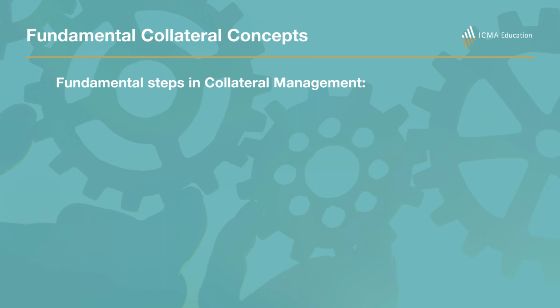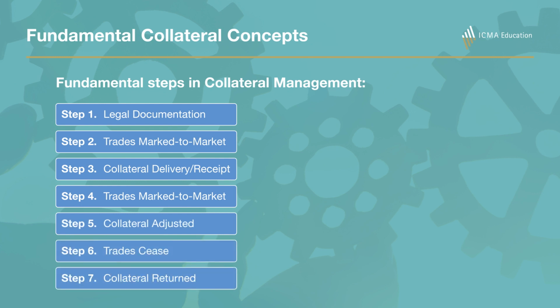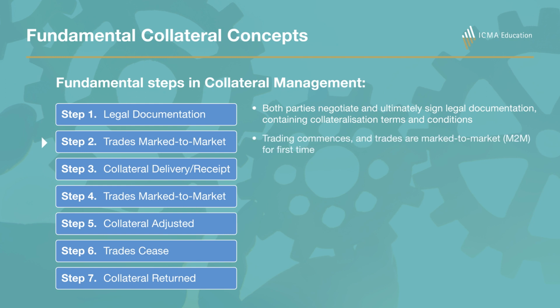While we'll go into the details of each step during the course, these are: both parties negotiate and ultimately sign legal documentation containing collateralization terms and conditions. Trading commences, and trades are marked to market for the first time. The party making a mark-to-market loss delivers collateral to the party making a mark-to-market profit.